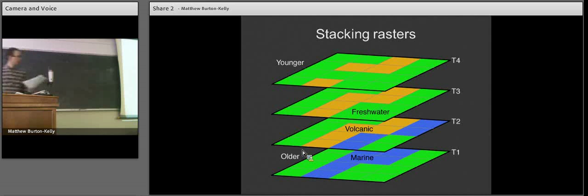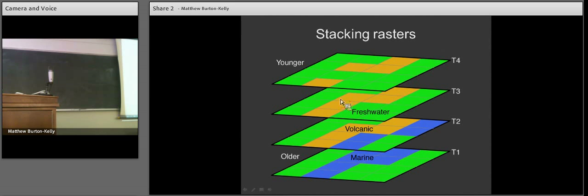And so as you go through time, you can see that these two freshwater drainages are separated first by a marine incursion, then by some marine and this volcanic arc, then by more volcanic activity between them, and then only in T4 do they join up, and you could have a transfer of freshwater organisms back and forth across this barrier.